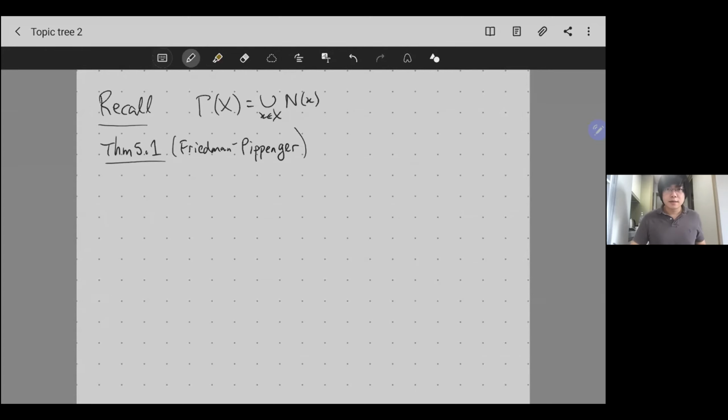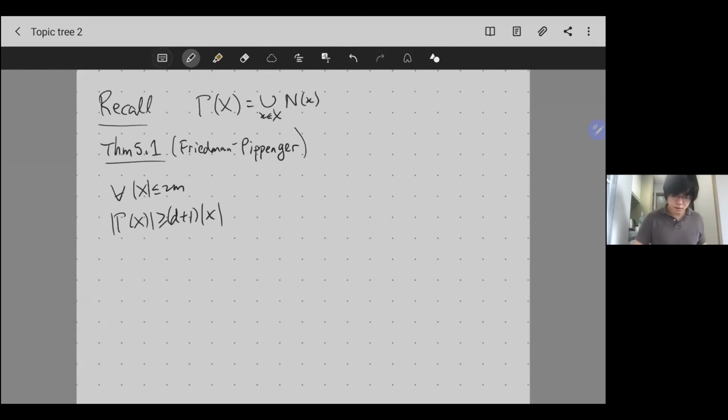It says that if we have, for all small sets, up to twice the size of the tree we want to embed, this expansion property, okay?